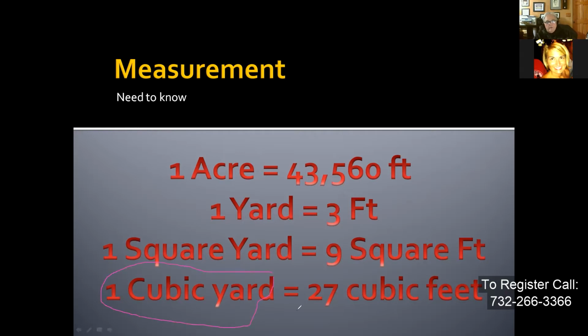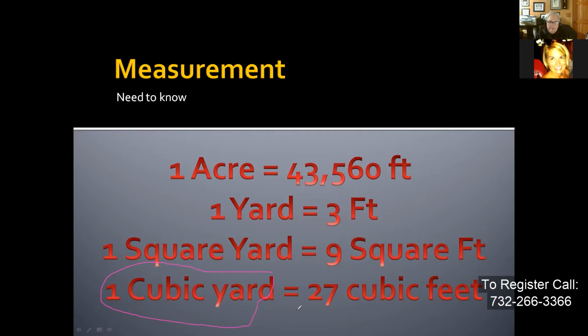That's because a cubic yard means 1 yard times 1 yard times 1 yard, which is 1 yard to the third power. And something to the third power is called the cube of that number. That's why we call it a cubic yard, not because of its shape, but because it's yards to the third power. So 1 yard to the third power is equal to 27 feet to the third power.